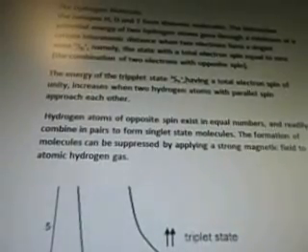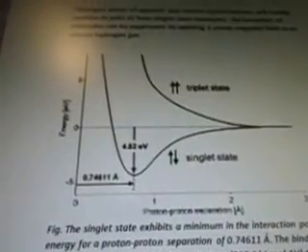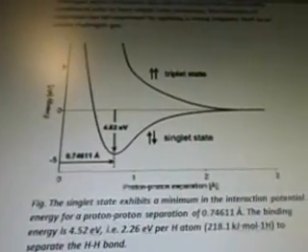Hydrogen atoms of opposite spin exist in equal numbers and readily combine in pairs to form singlet state molecules. The formation of molecules can be suppressed by applying a strong magnetic field to an atomic hydrogen gas. Okay, you want to remember that. So we got triplet state, singlet state.